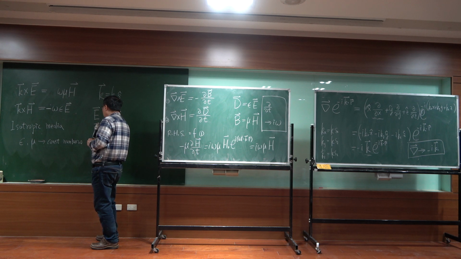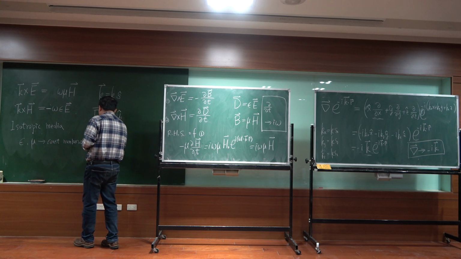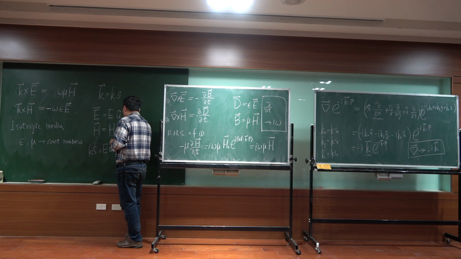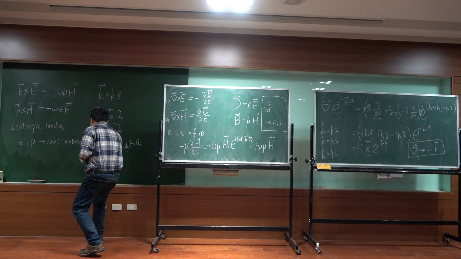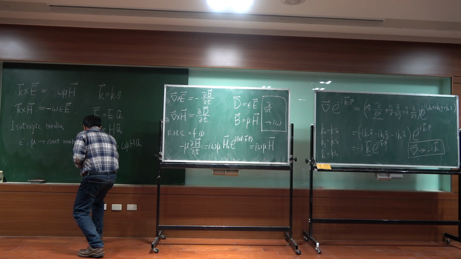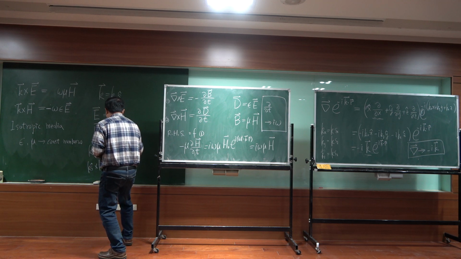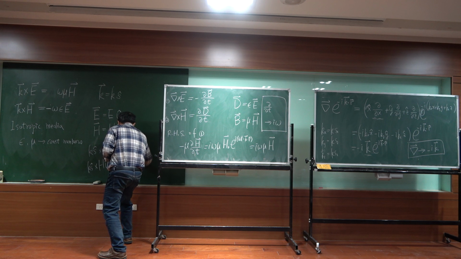Okay. So we substitute these results into these two equations. Then we find that k S cross E U1 is equal to omega mu H U2, and k S cross H U2 is equal to minus omega epsilon E U1.